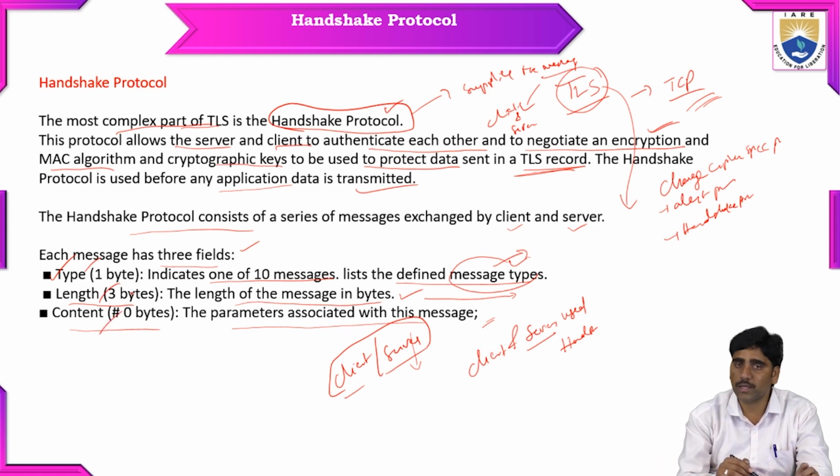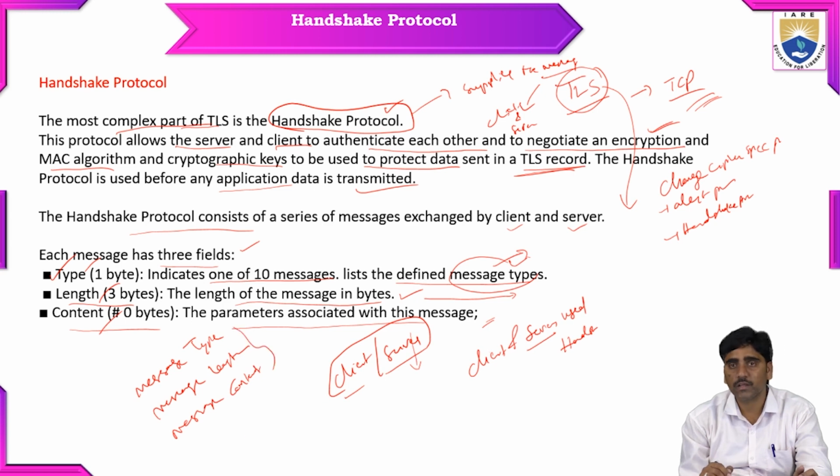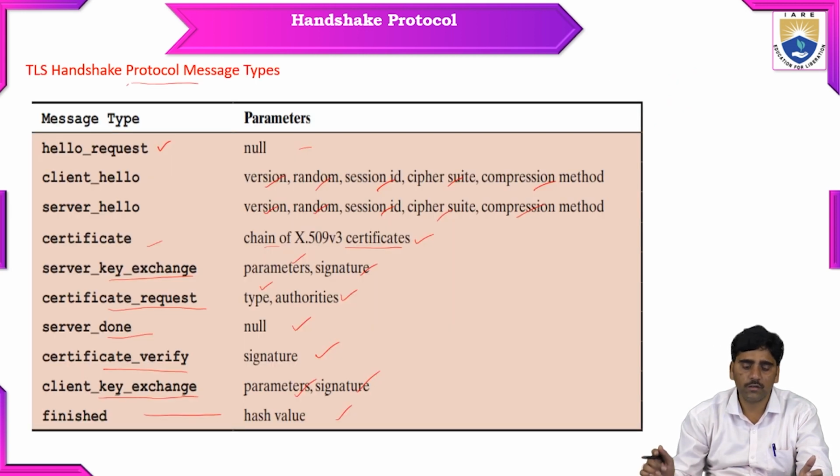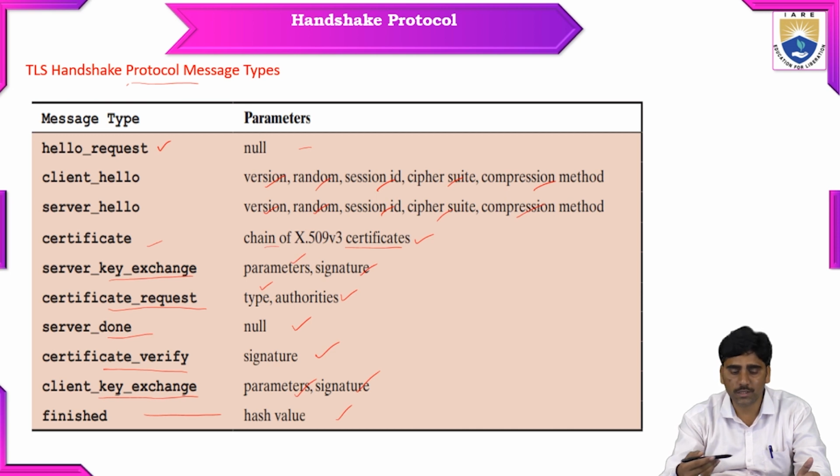So the first one is the type field, that means the message type is there, and then the message length is there, and next the message content is there. So these are the three fields in the handshake protocol message. So here, the handshake protocol message types. What are the message types that are going to be communicated?